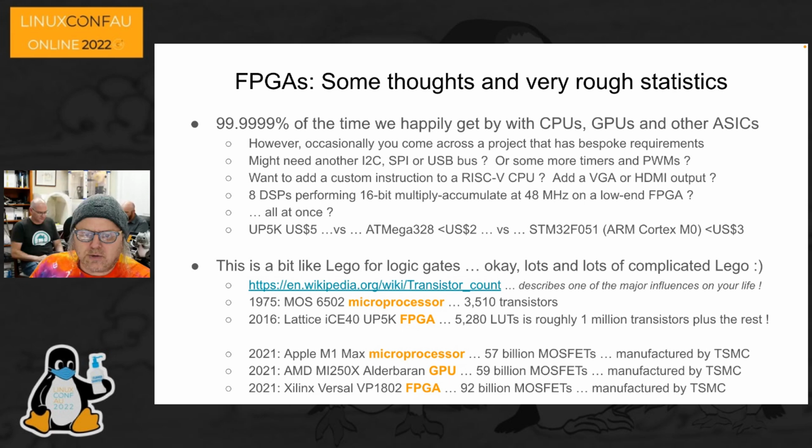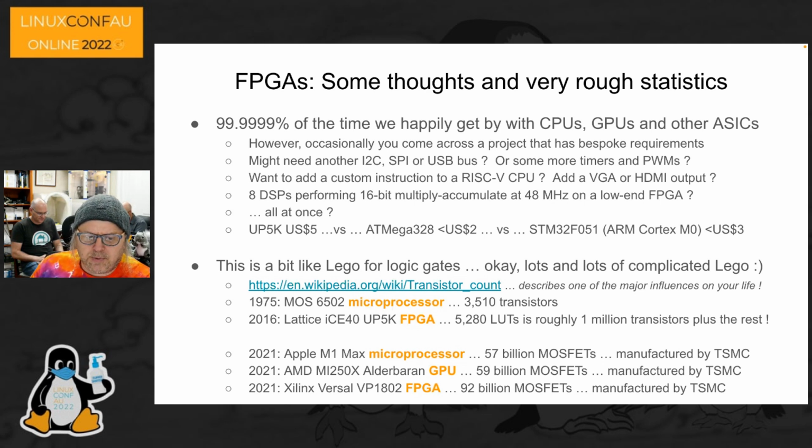So you've got these flexibility advantages. And whilst we're playing at the very low end of the spectrum in terms of lookup tables, only about 5,000 in the UP5K we've chosen, that still allows you to do quite a bit.